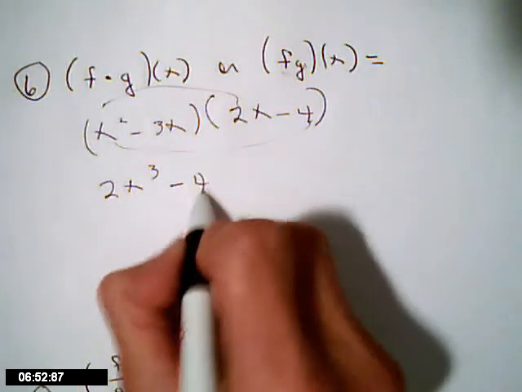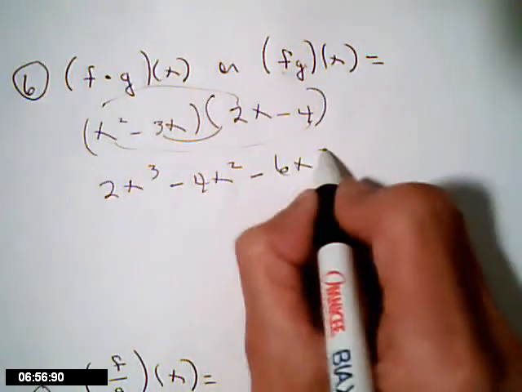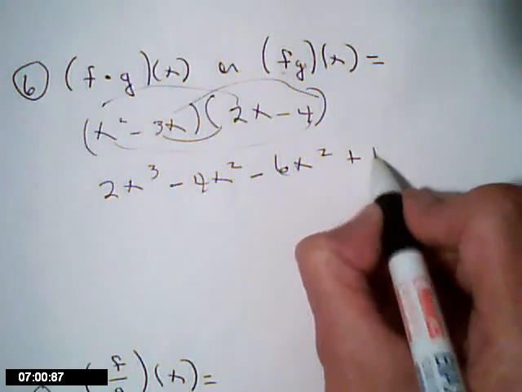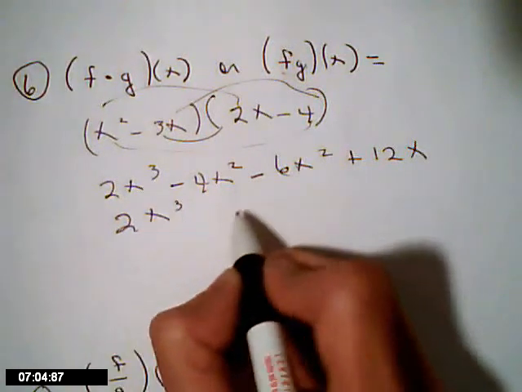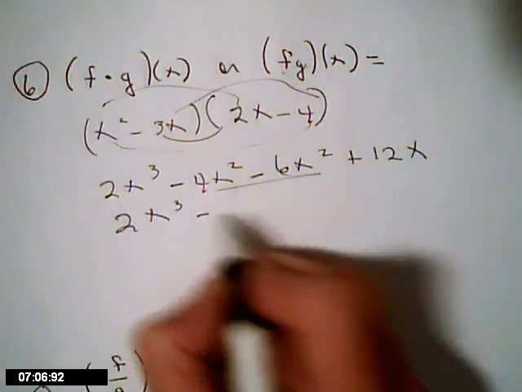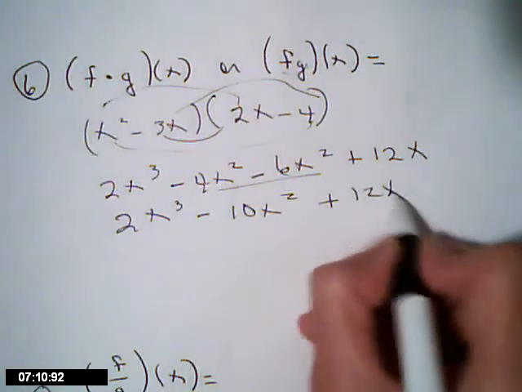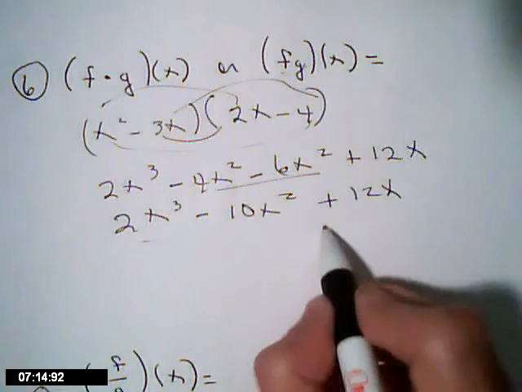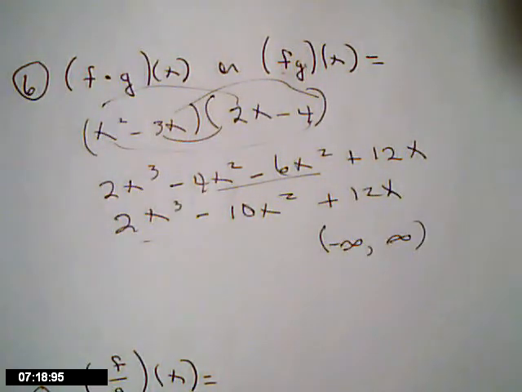Outside, that'll be minus 4x squared. Inside, minus 6x squared. And last, that'll be positive 12x. Combine like terms. Here, we'll have our negative 10x squared plus 12x. Now again, no fractions, no square roots. Your domain is negative infinity to positive infinity, or all real numbers.